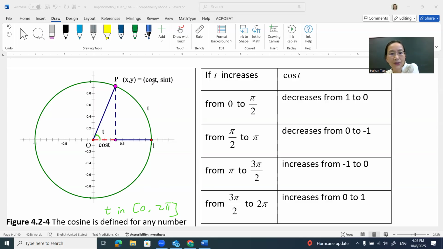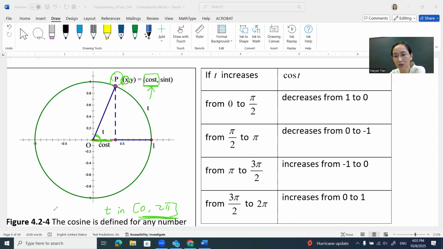Why do I say that? Because for any t, this cosine t must be defined because there is always a point that has an x coordinate, right? You can always discover the x coordinate of the point corresponding to t. Yes, so the cosine t is defined for all t in this interval.